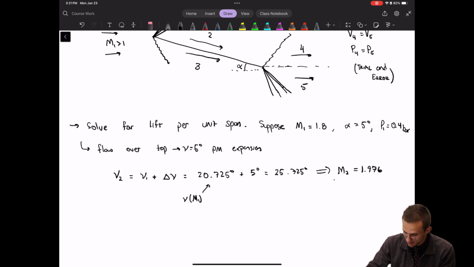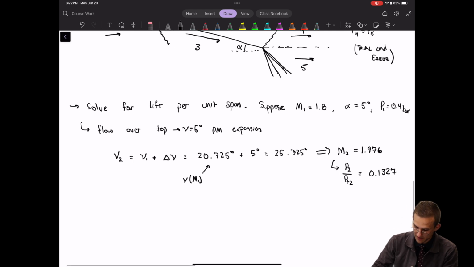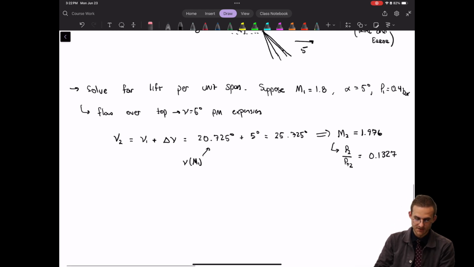And then also from the tables, isentropic relations, we can see that the ratio between the static and stagnation pressure at this Mach number is 0.1327. Okay? So we keep that, we're sitting fine with that information.